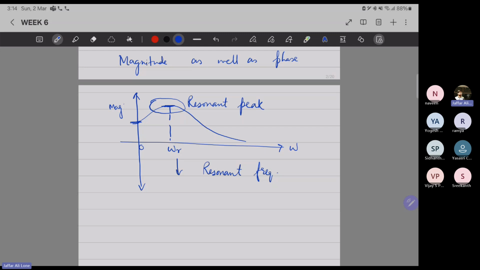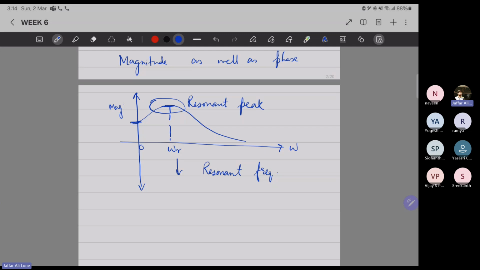One more thing: we are plotting magnitude in two ways. Here, we are using the specific values of magnitude. But when we study the Bode plot, we will plot the magnitude in decibels.